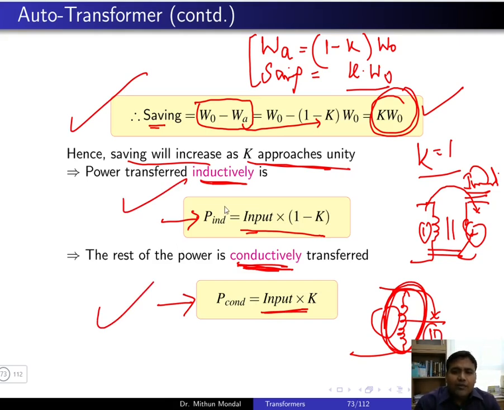Inductively, power transferred is equal to power input into 1 minus K. Conductive transfer is equal to K times the input. So we have seen in an auto transformer what the power transferred is and what the saving of copper is, and how the operation of the auto transformer works in a single winding transformer depending upon the number of turns and the current.